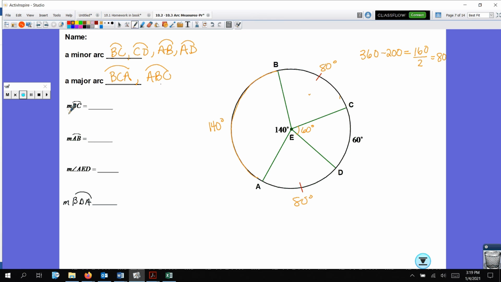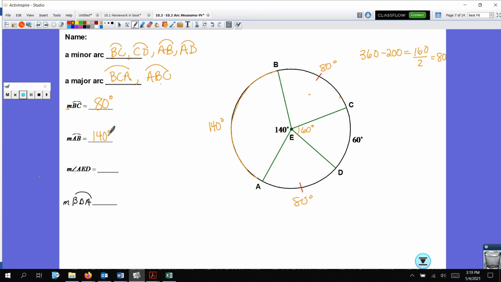Now remember when you see this little m, that means the measure. I'm looking for a number in degrees, the measure of the arc BC. Well, we figured that out to start, so this is going to be easy. That's 80 degrees. The measure of the minor arc AB is 140 degrees.